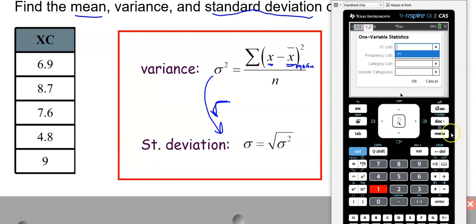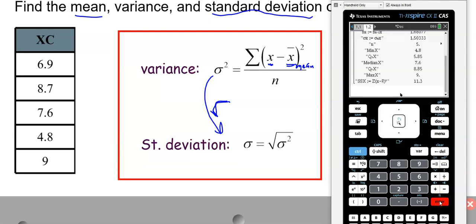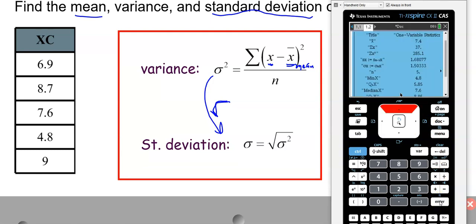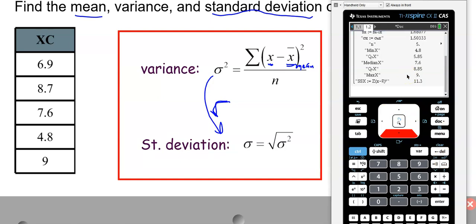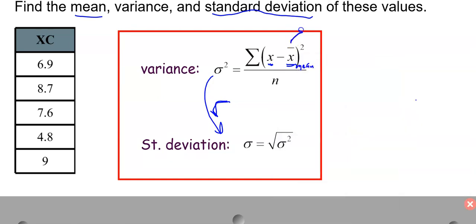Use the right arrow there to choose XC, that's my only variable. Say enter, and the X bar right there at the top is 7.4. So the mean of this data is 7.4.